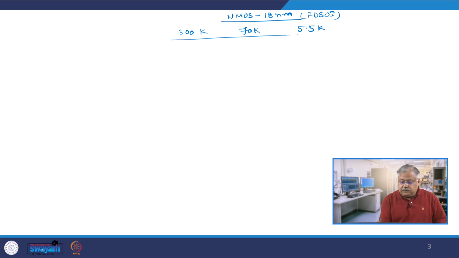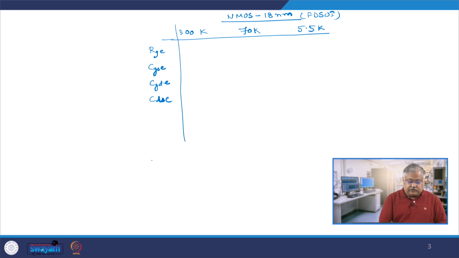The parameters we are taking initially are something like this. We are taking RGE, the extrinsic gate resistance, the gate to source extrinsic resistance, CGD, the gate to drain extrinsic capacitance, and then CDS, the drain to source extrinsic capacitance, right? These are all extrinsic parameters.